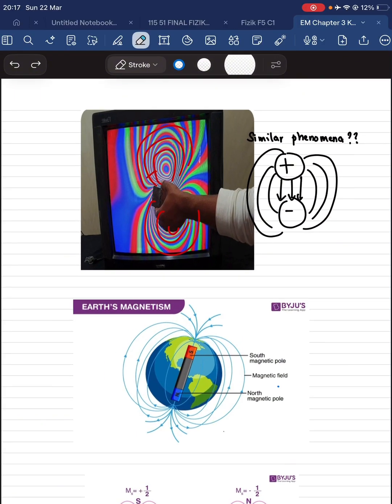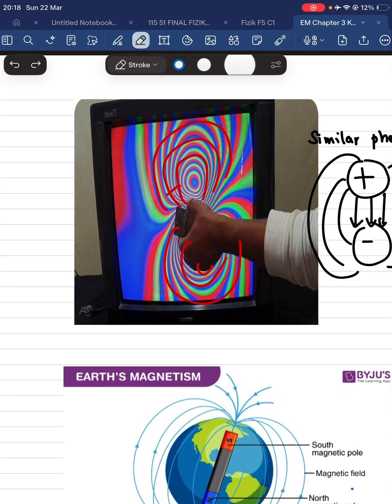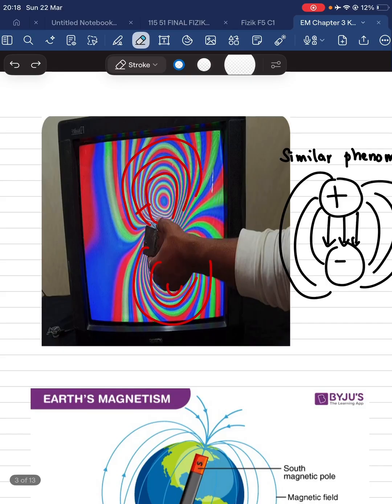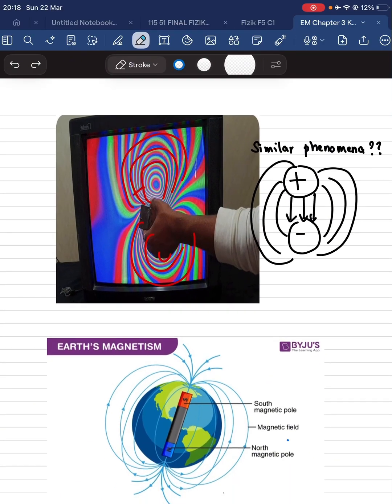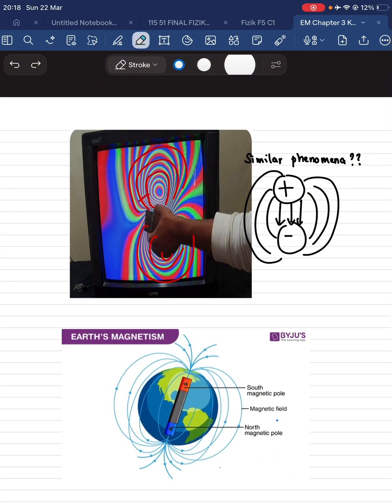When you learn electricity, you have positive and negative charges, and when you put them nearby, you realize that there are imaginary lines we call a field, the electric field, and you can see this kind of imaginary pattern traced on this TV screen, right? So it's similar. Have you ever found that? I mean, have you ever been curious about that? Why is it similar?